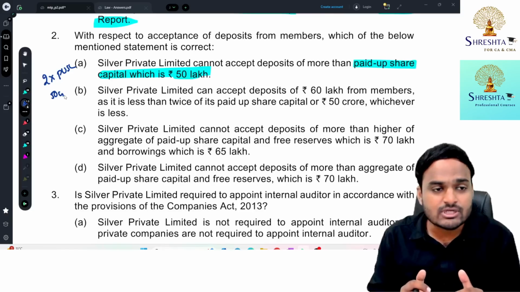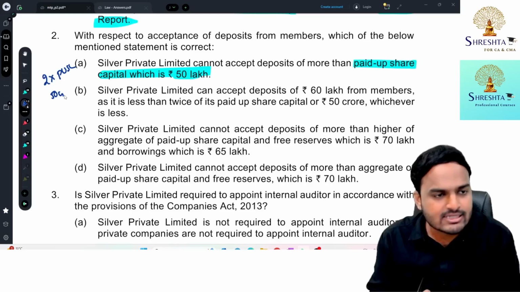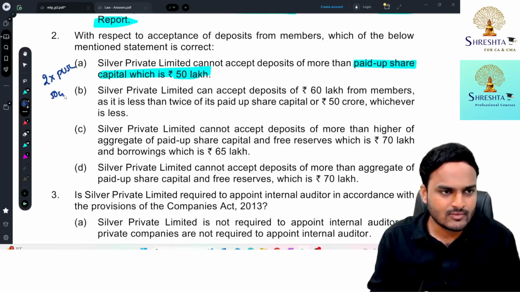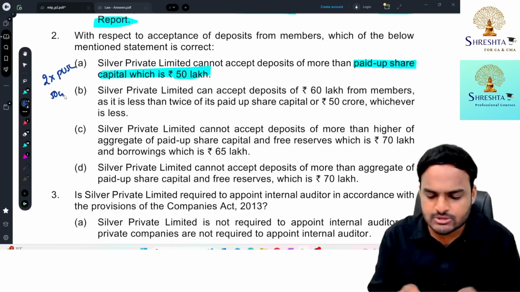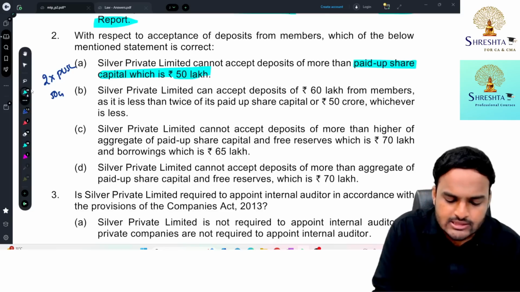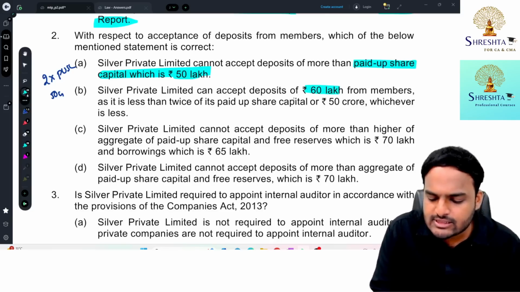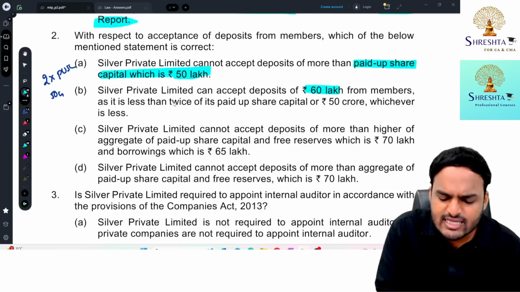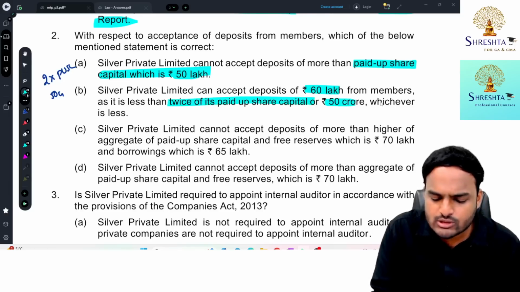So you have to remember these exceptions while answering this question. Let's see the correct option. Option A is not the correct option. Option B: Silver Private Limited can accept deposits of 60 lakh from members as it is less than twice of its paid up share capital or 50 crores, whichever is less.